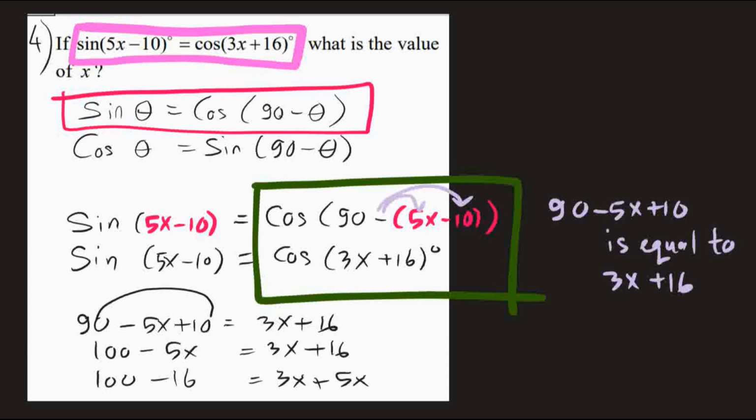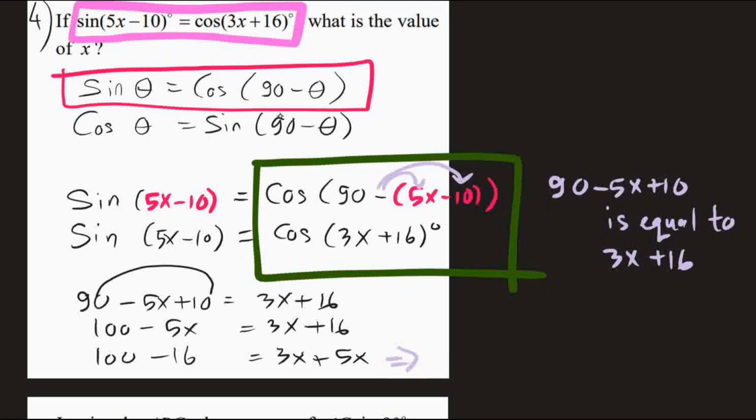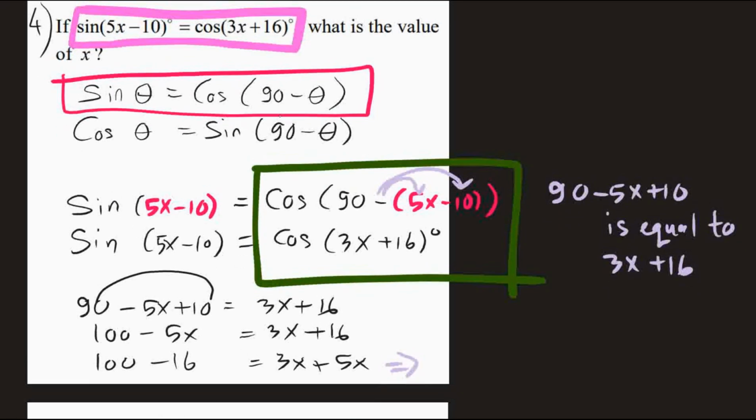100 minus 16 will be 84. This equals 8x.